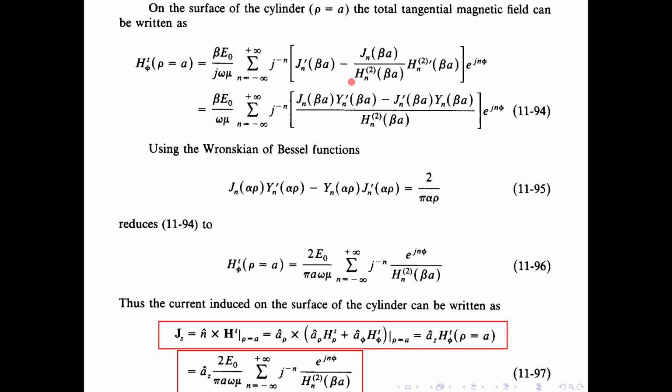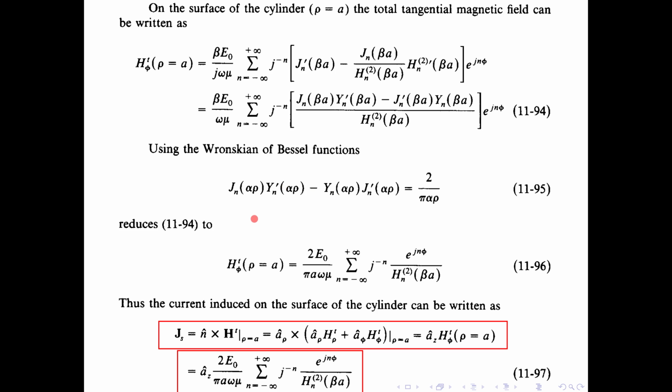So it is this. But here we have some derivatives of the Hankel functions, and we can use the Wronskian, which is a formula relating Bessel functions that you can find, for example, in the appendix dedicated to Bessel functions in Balanis's book.